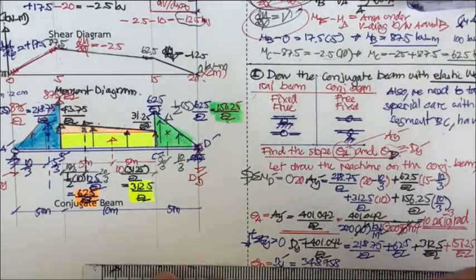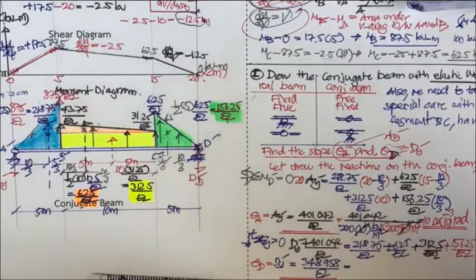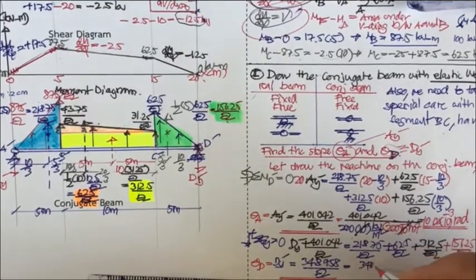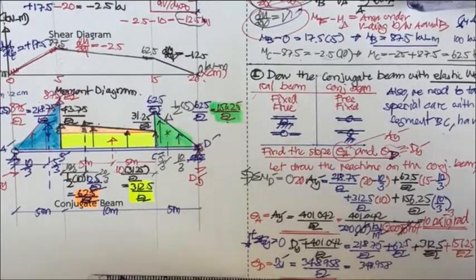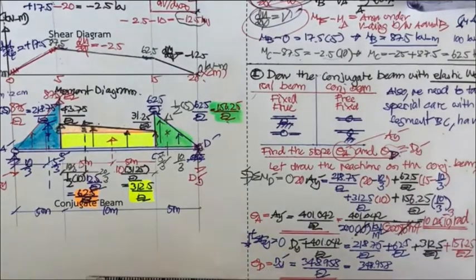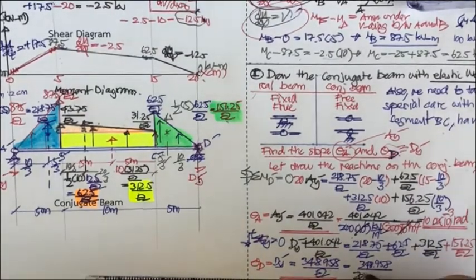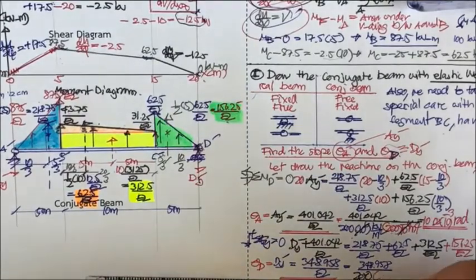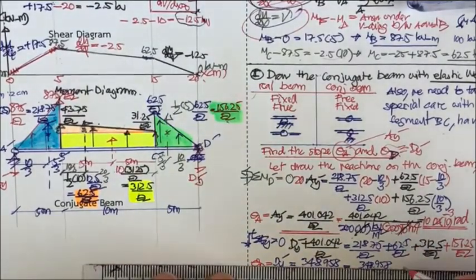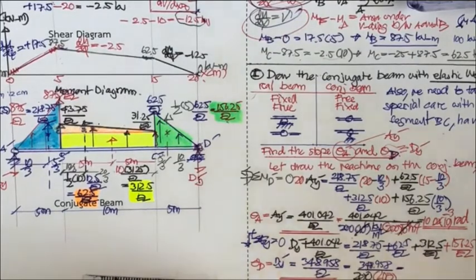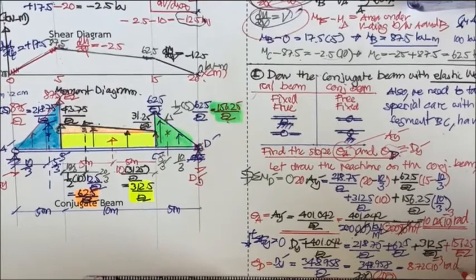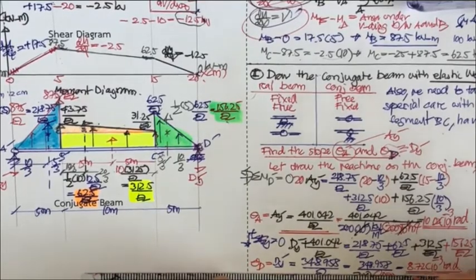And then if you put them into your calculator, this is going to be 348.958 divided by 200 and 200 and 200. You just take this out. So you get this equal to 8.72 times 10 to the power minus 3 radian. Okay, that is what I show you.